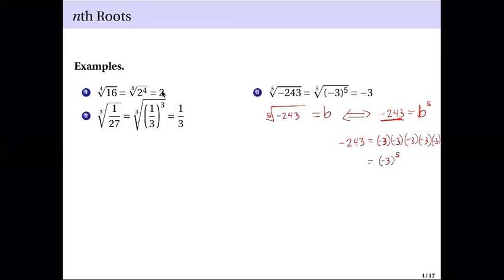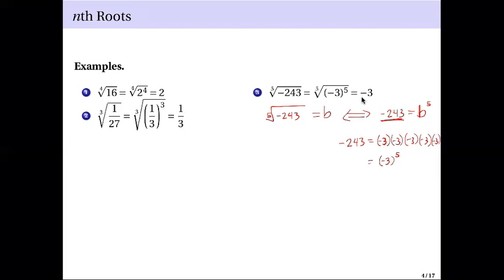Then they just cancel each other, and therefore we get 2. Similarly for this, we have the cube root, and then we have 1/3, and then there's a power 3. They just cancel each other, and we have 1/3. And same with this guy here. Okay?